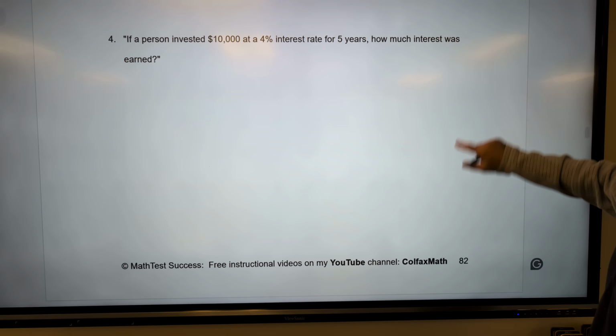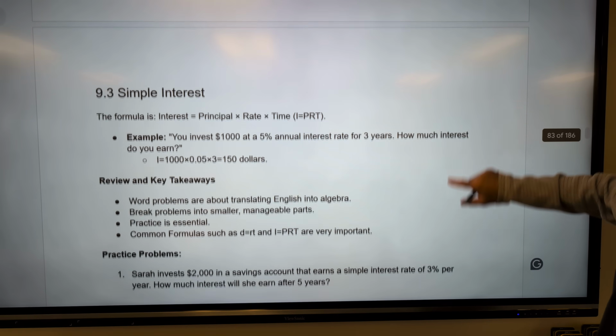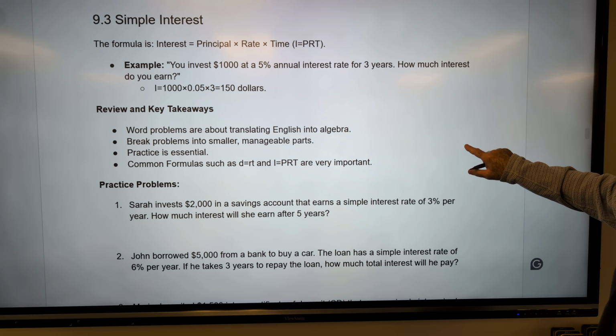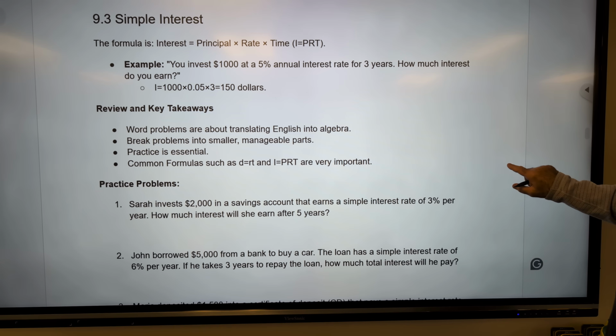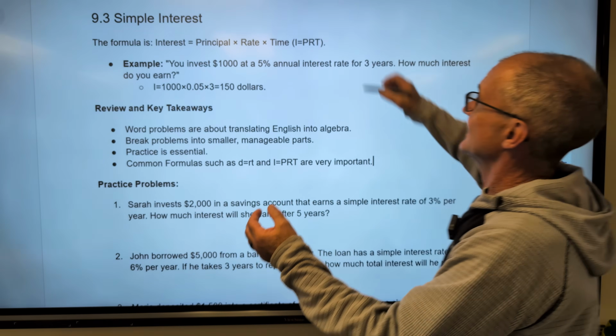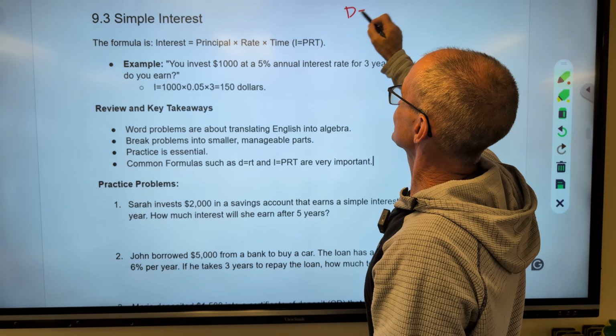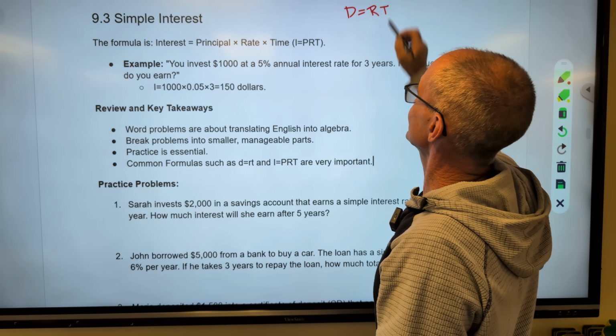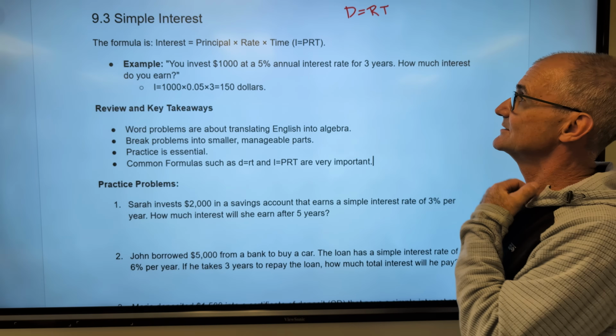Okay, interest problems. Go here to simple interest. So the key on simple interest here is very similar to our, we had distance equals rate times time. That's just an equation you need to know.